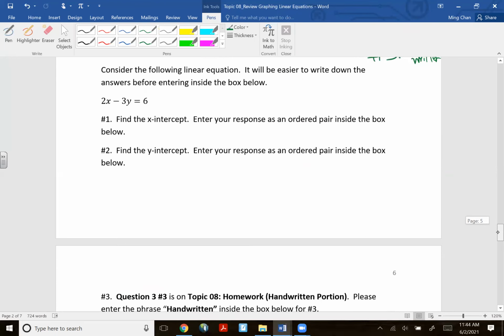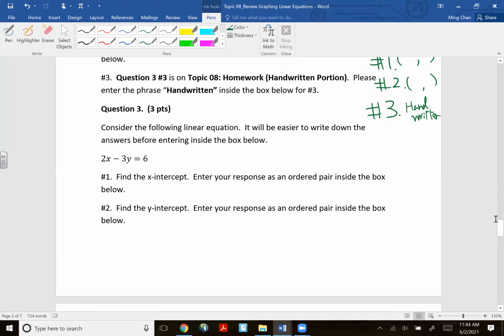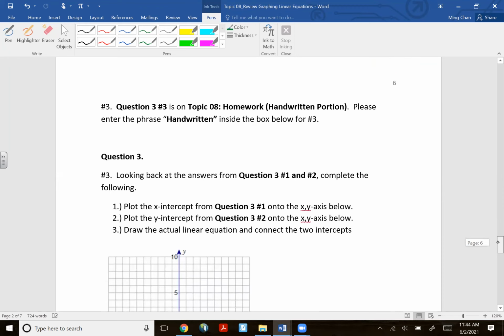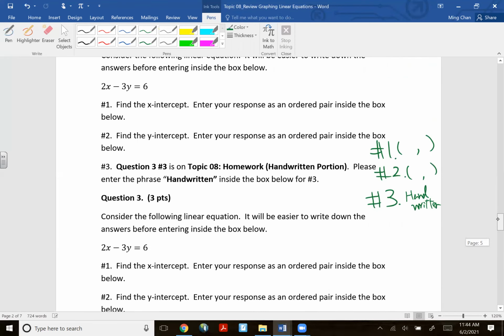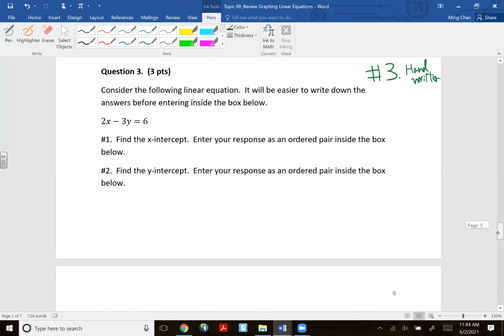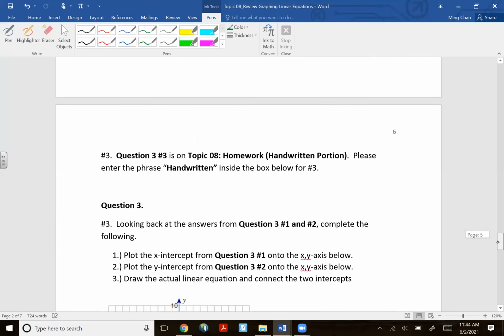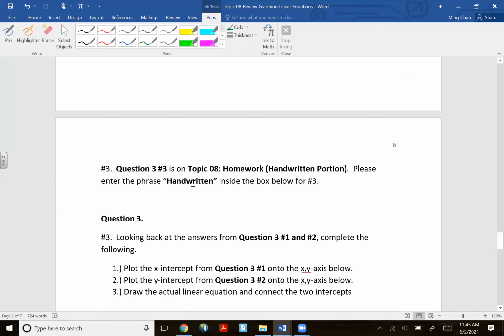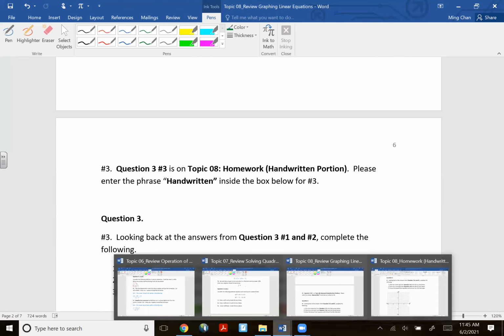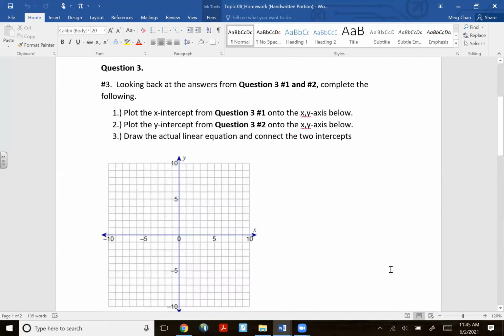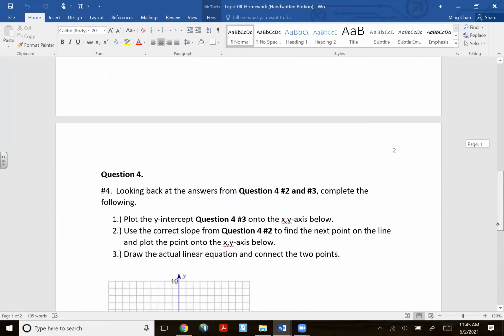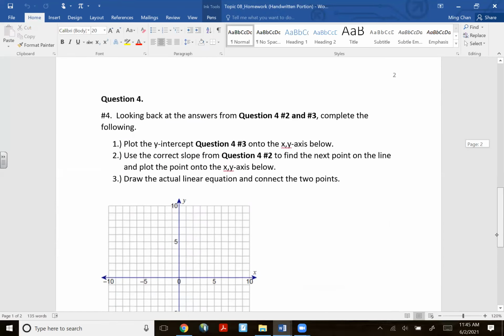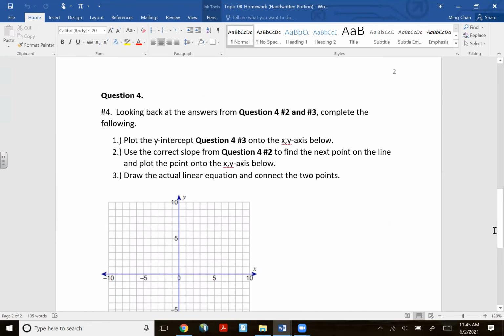Number 3, same thing: find the x-intercept, y-intercept, and write ordered pairs. Then for number 3, just type handwritten here, but go to the handwritten portion and plot your points.